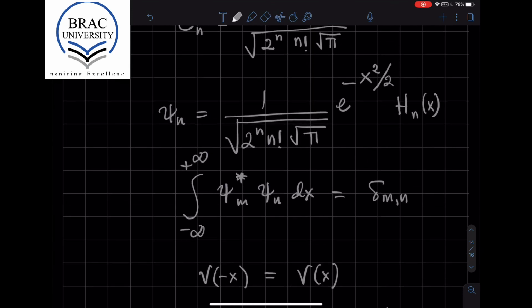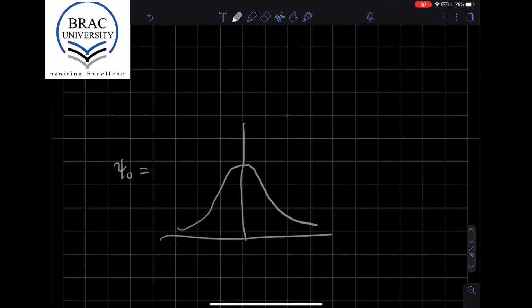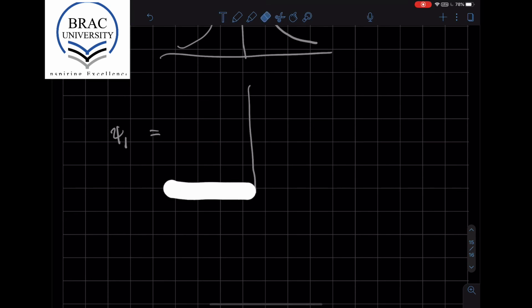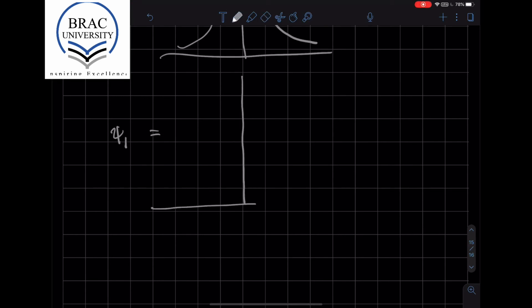And then psi of 1 is going to have a straight line times a Gaussian, and the straight line will go through the origin. So as a result, the wave function should look like this.